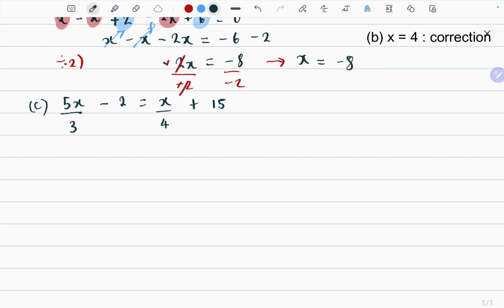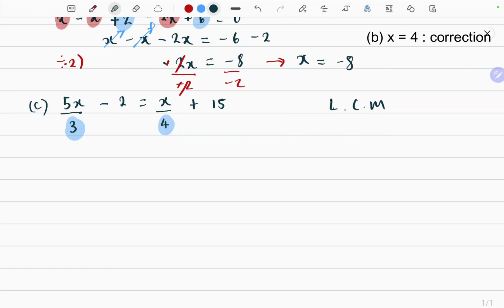And then finally, when dealing with equations that have fractions, it's crucial that we find the lowest common multiple of the terms that contain fractions. So one needs to find the lowest common multiple of those two denominators.